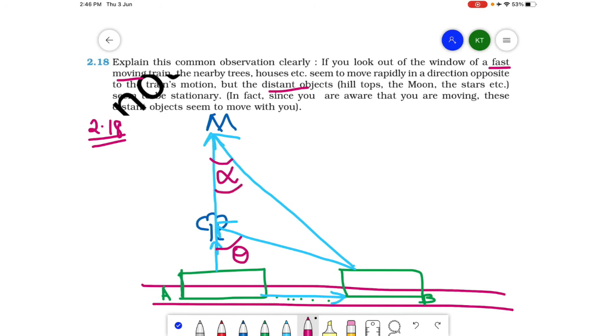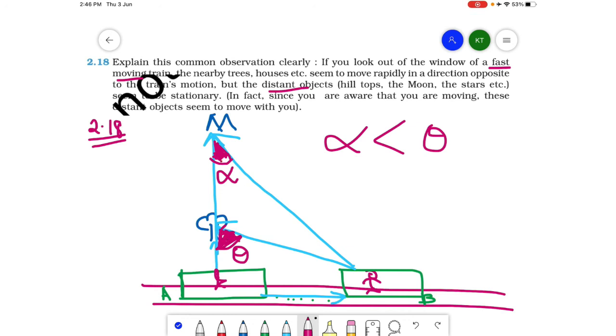We observe that the angle alpha is much smaller than our angle theta. The theta angle value is large. So for nearby objects, the angular position with respect to the observer is changing more compared to far away objects.